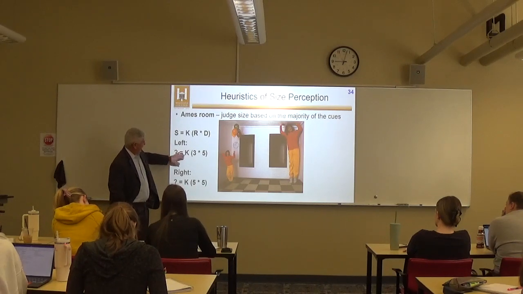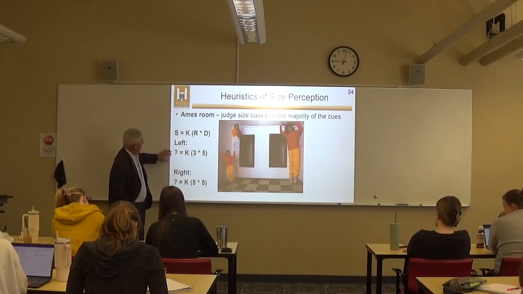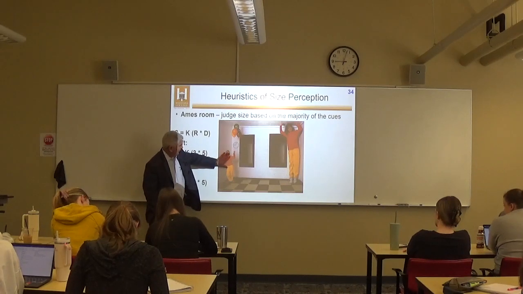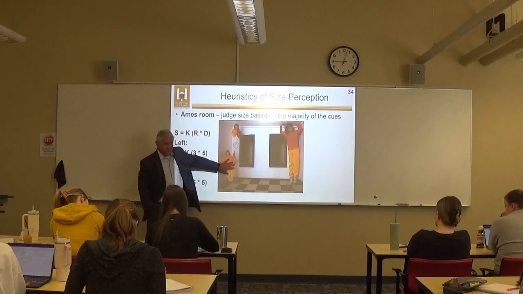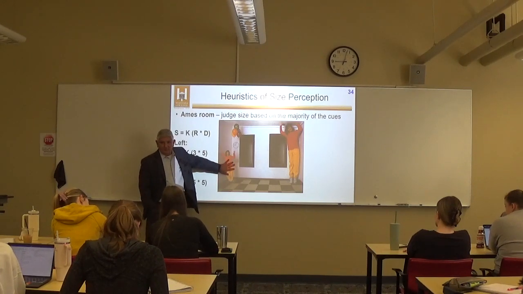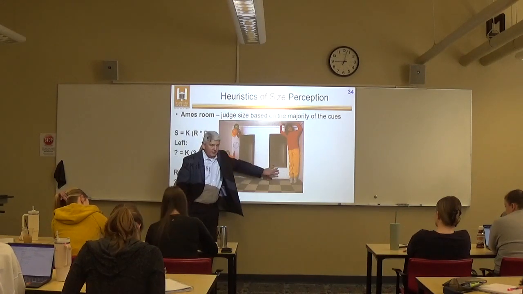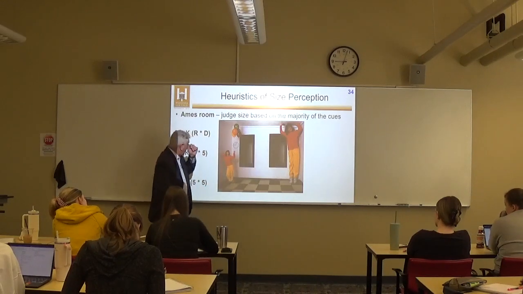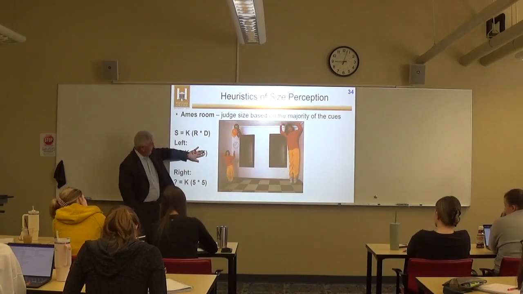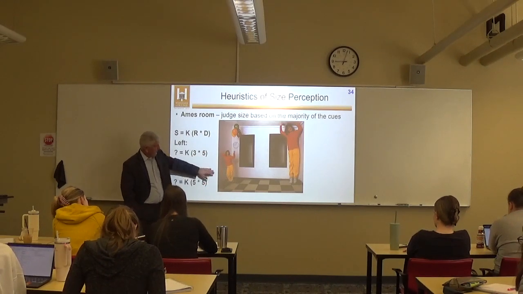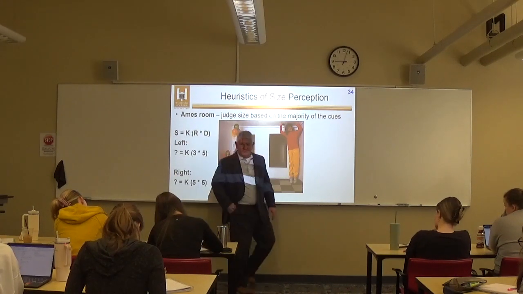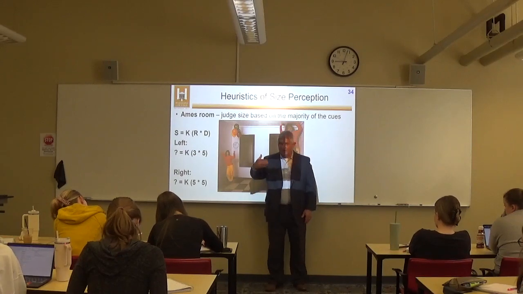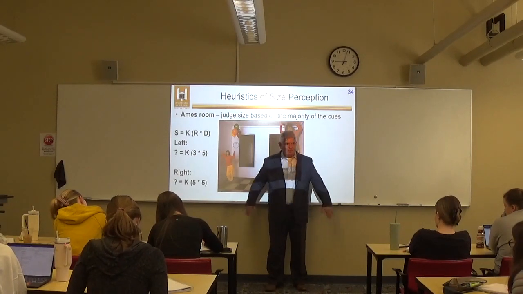So again, on the left side, we're going to take our retinal image, which is slightly smaller because this is a further away point because of the shape of the room than this. And our perceived depth, though, is staying the same. We're like, hey, if I'm here and I'm over here, my depth hasn't changed because this is a flat wall.